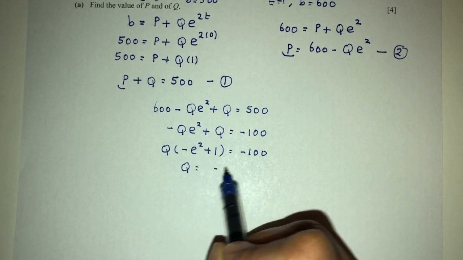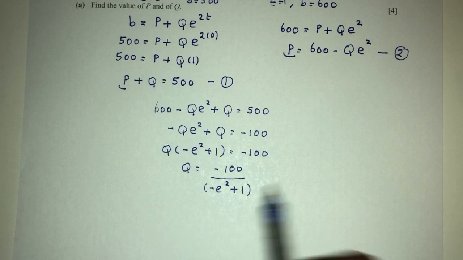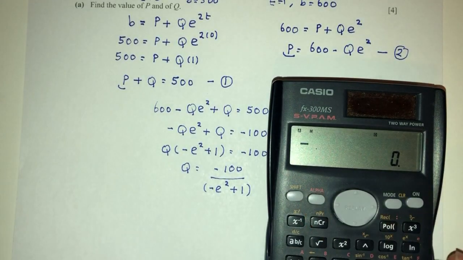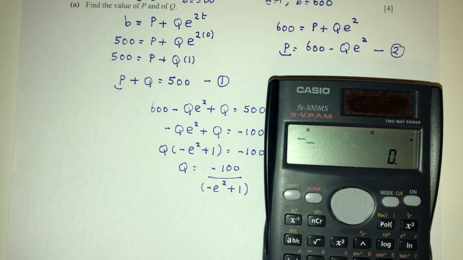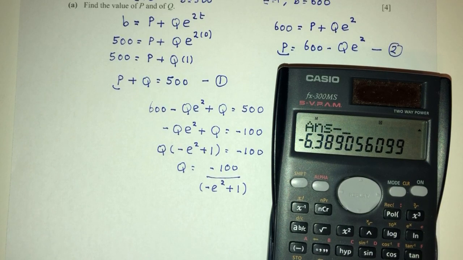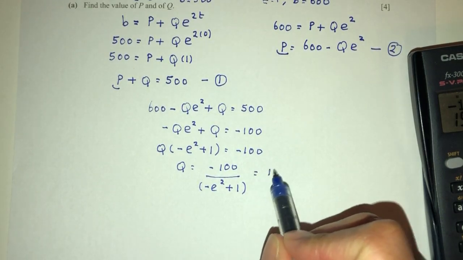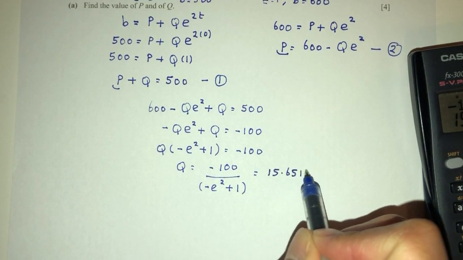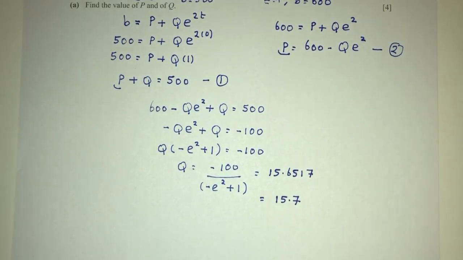So Q will be this divided by minus exponential square plus 1, right? So let's do this. Minus exponential square plus 1 is this value. Minus 100 divided by that value should be 15.6517. So correct to 3SF will be 15.7 for the value of Q.